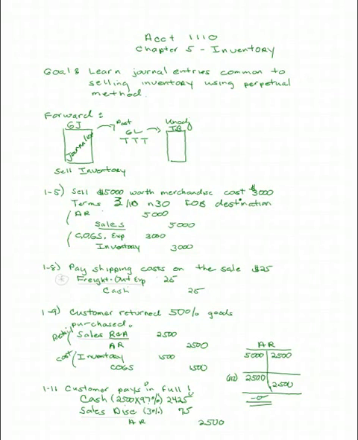You record the return and allowance into an account so named. And you record the discount into an account so named. Sales returns and allowances and sales discounts are contra accounts to sales, or contra revenue accounts, so they have a debit balance. We'll talk more about that when we look at income statements for merchandising industries coming right up.